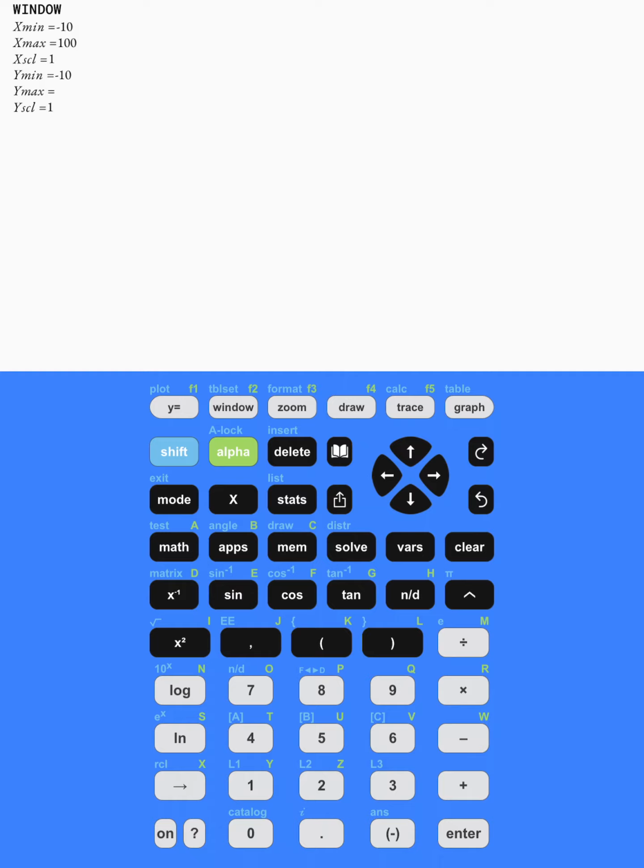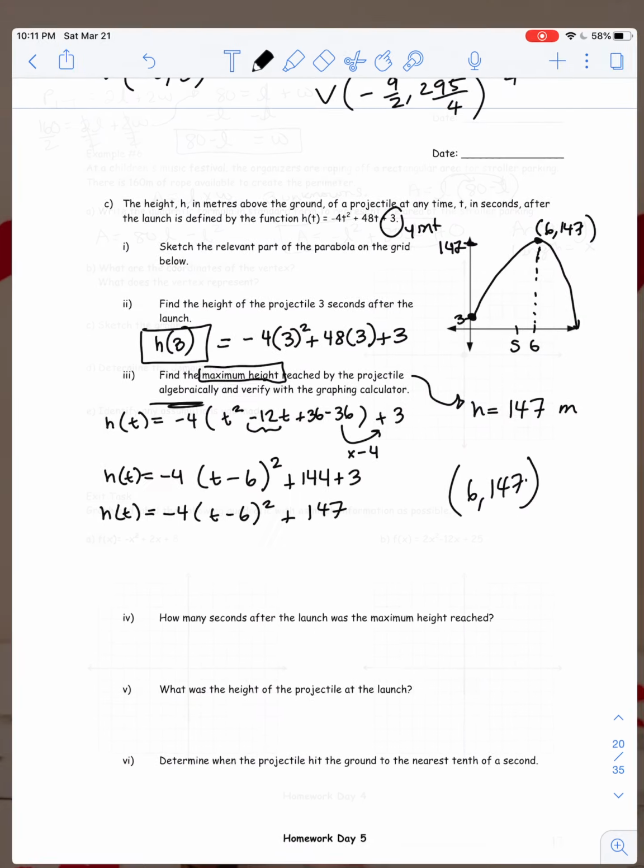you're going to substitute that. So you're going to go to -4 in brackets 3 squared plus 48 times 3, add 3. We get 111.